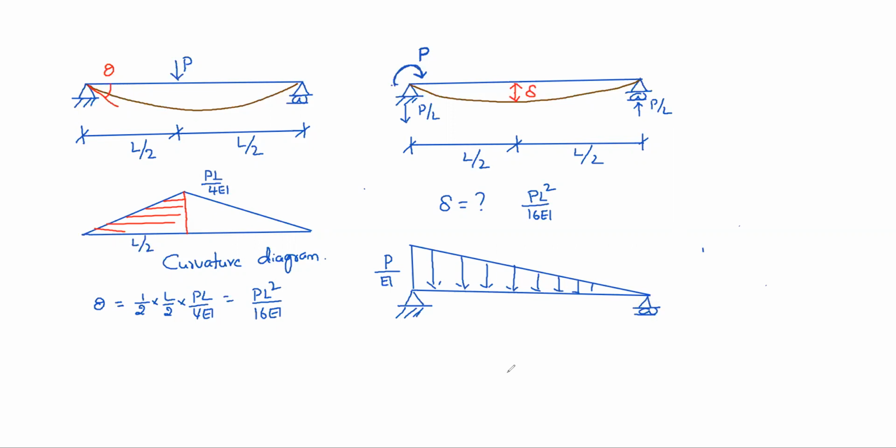Now the reactions, because of span L, RA, RB. RB I will find: RB into L equal to half into L into P by EI into L by 3. RB equal to, L L cancel here, PL by 6EI.